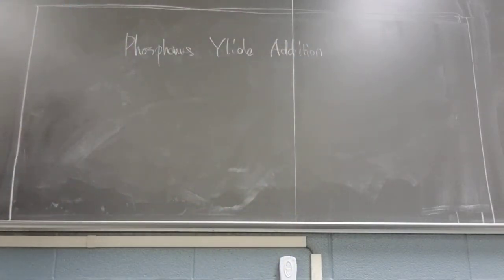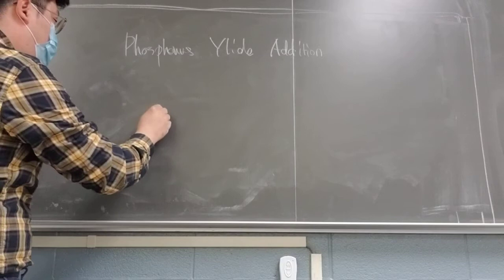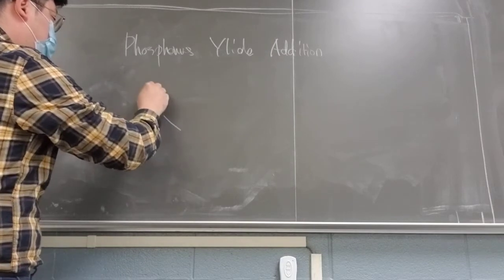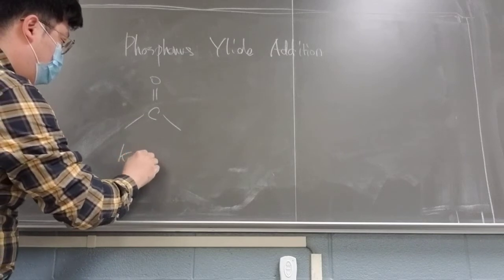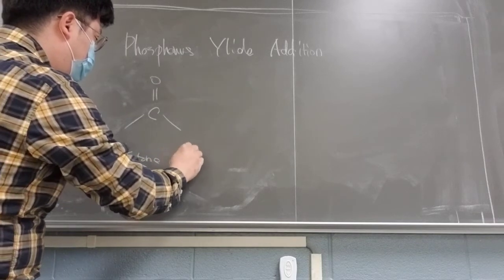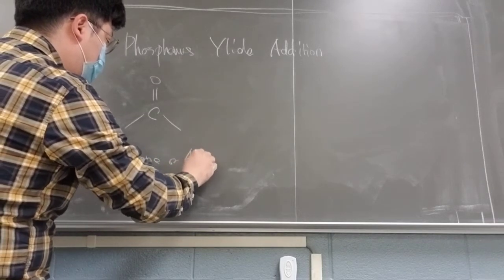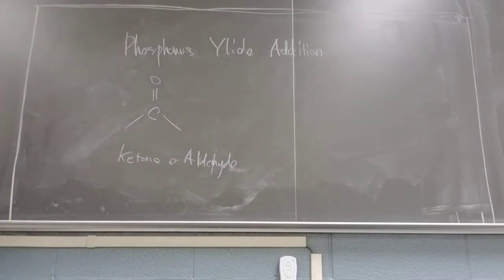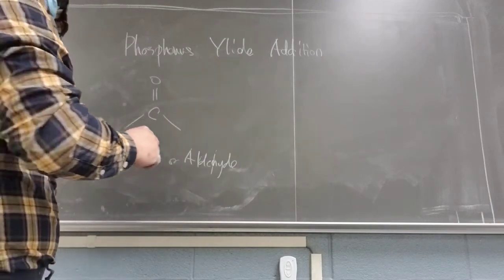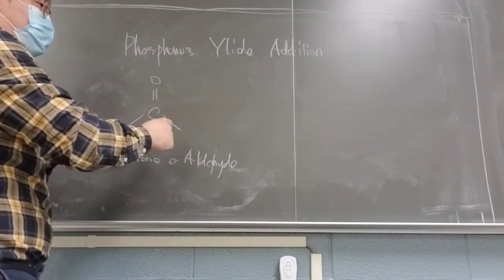What we're gonna do with this is, whenever you have a carbonyl group, in a ketone or aldehyde, you have a carbonyl group over there, we're gonna break this one with the ylide.